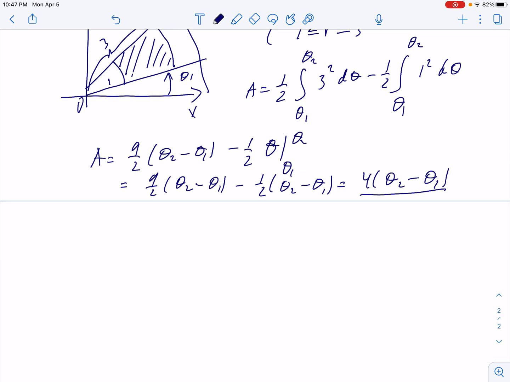In general, if we have area between two graphs, let's do picture again, and between two angles, so that's theta 1 and here theta 2.